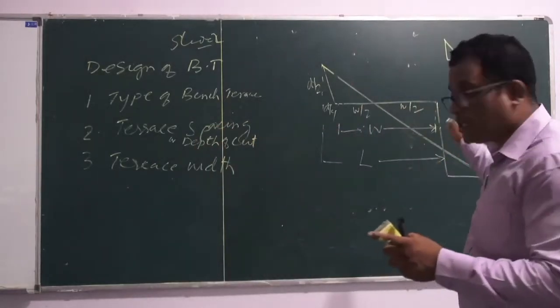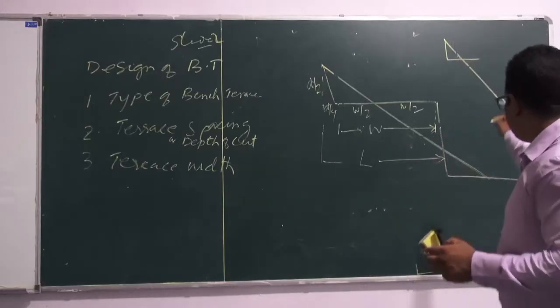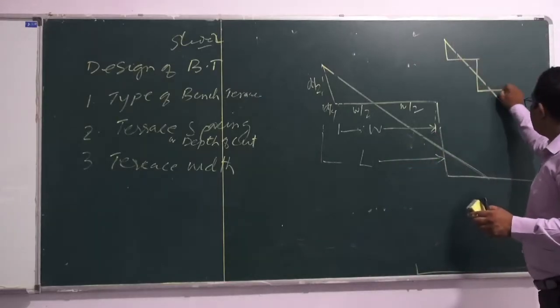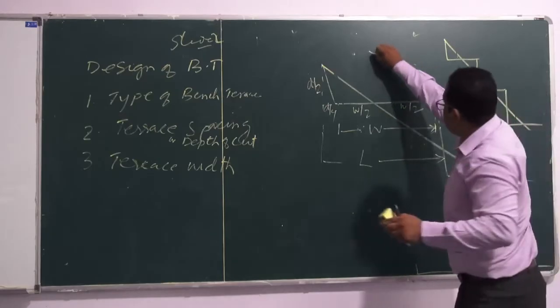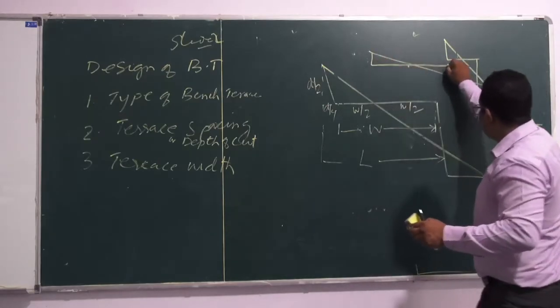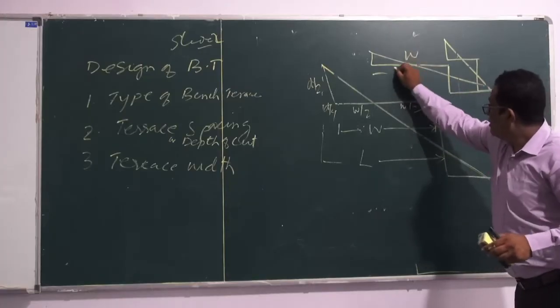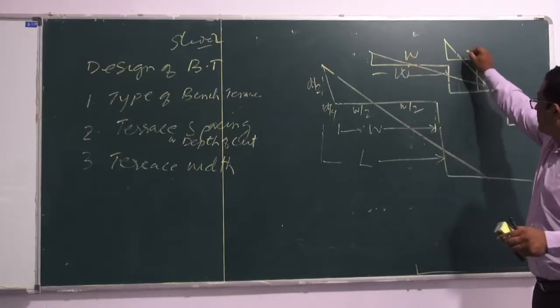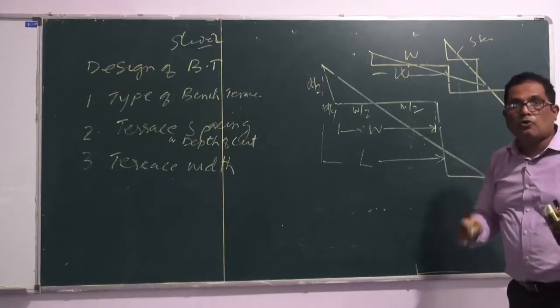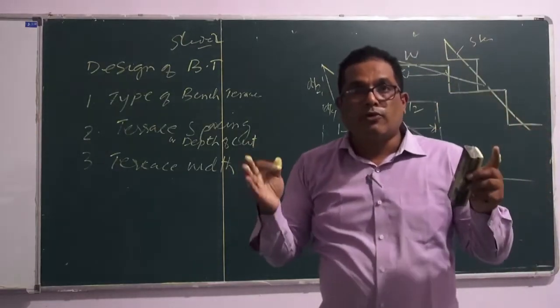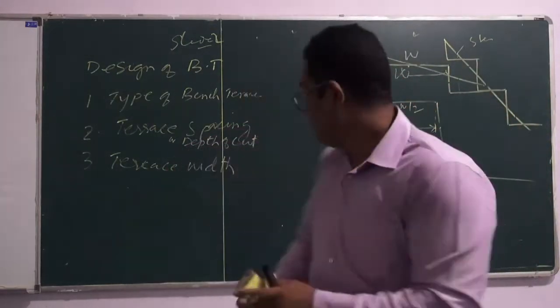If the slope is very steep, then the width will be less. If it is milder, then we have the leverage for having a wider width. If it is steep, then we have to go for a narrower terrace width.